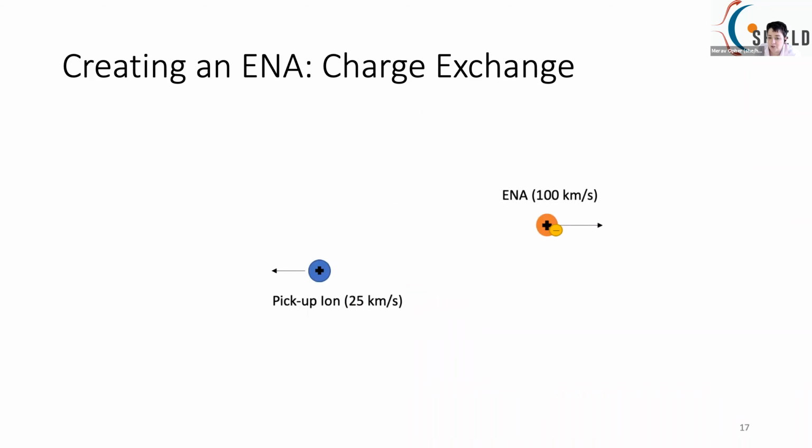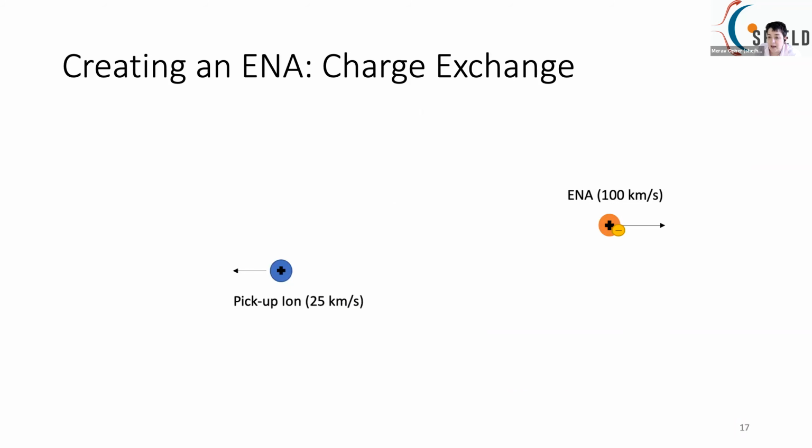By charge exchange, the ion that now has the characteristics of the original neutral from the interstellar medium comes with a very small speed, 25 kilometers per second.